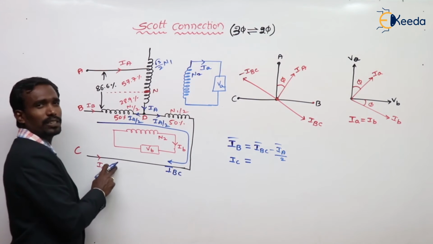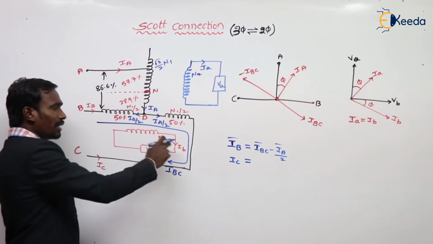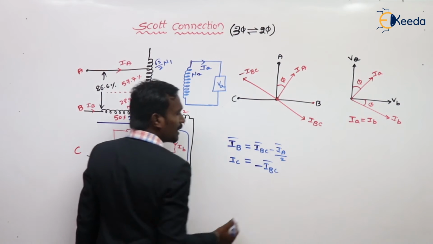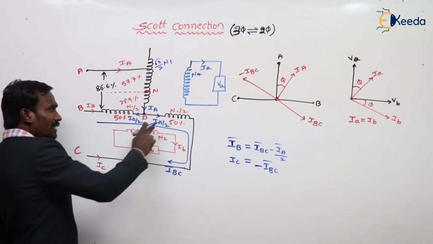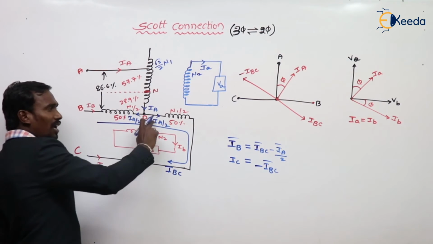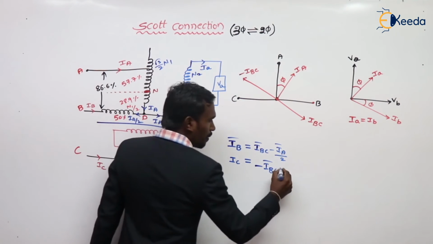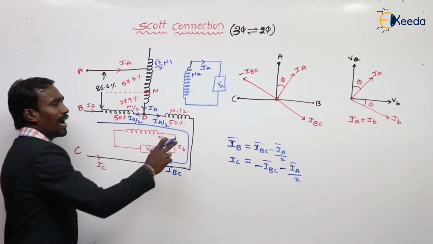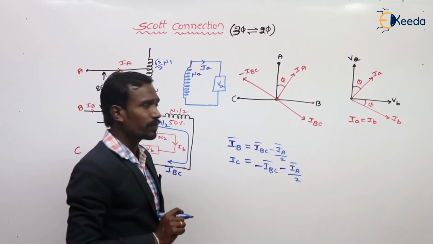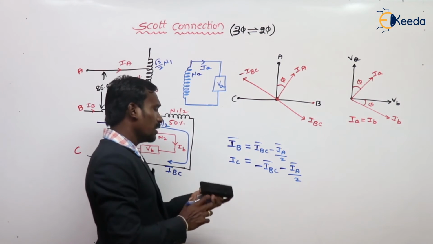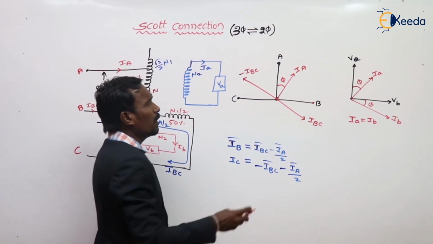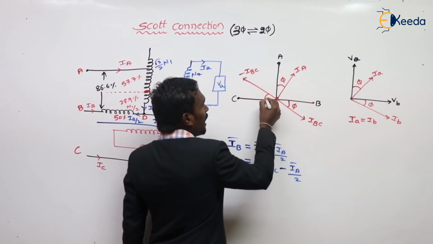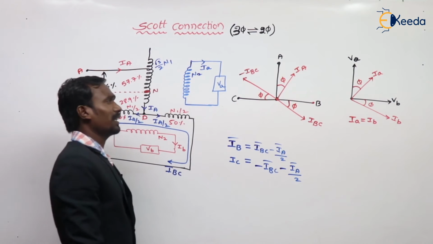And IC is equal to, in the opposite direction, minus IBC, and this IA by 2 also in the opposite direction, so minus IA by 2. We have to calculate these two. So how can we calculate? Actually, this angle is phi, this angle is also phi, lagging by an angle phi.